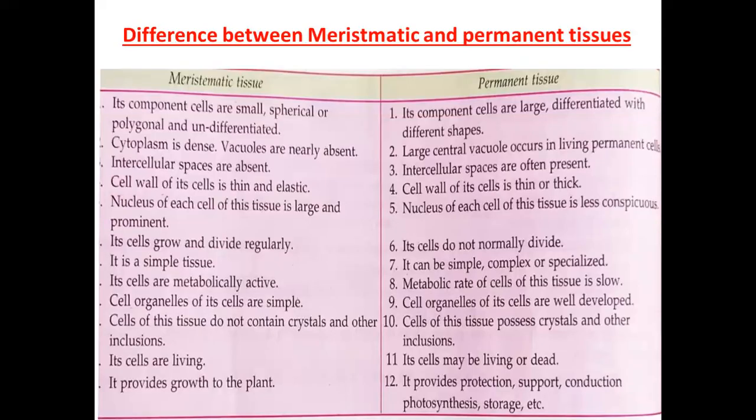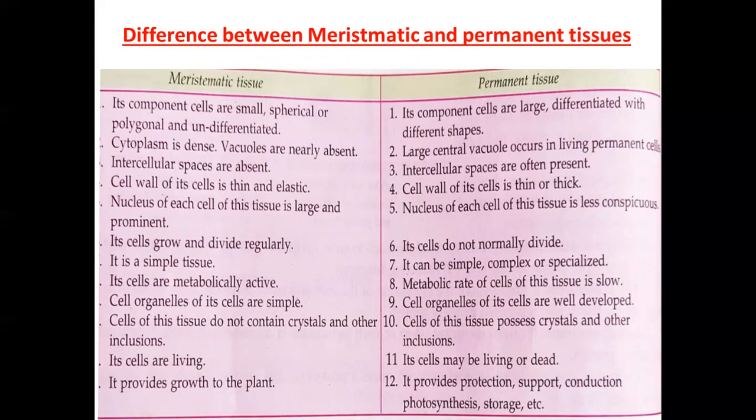Before heading there, we will see the difference between meristematic tissue and permanent tissue. First point: in meristematic tissue, the component cells are small, spherical or polygonal and undifferentiated. But in permanent tissue, the component cells are large and differentiated, with different shapes.